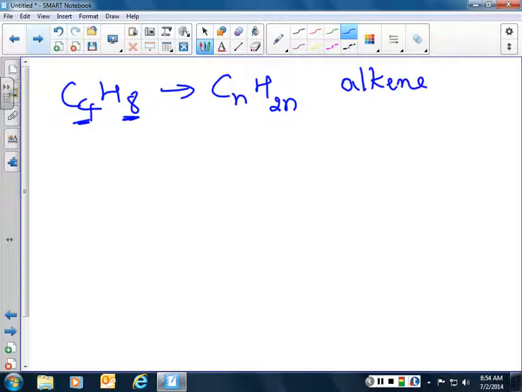Is it clear? Whatever alkene you had, just check if hydrogen is double the carbon. Sometimes you don't have to count because you know it's an alkene. Once you know the carbon, you can get the right number of hydrogen.